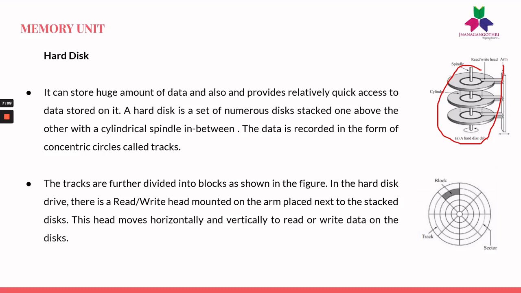And how is the data recorded on this disk? The data is recorded electromagnetically in the form of concentric circles called tracks, as mentioned earlier. Again, the tracks are further divided into blocks. Here you can see these are the tracks which are divided into further blocks.